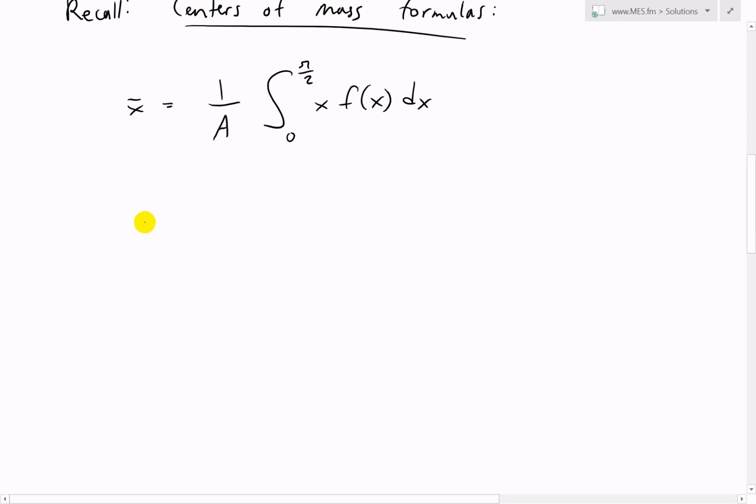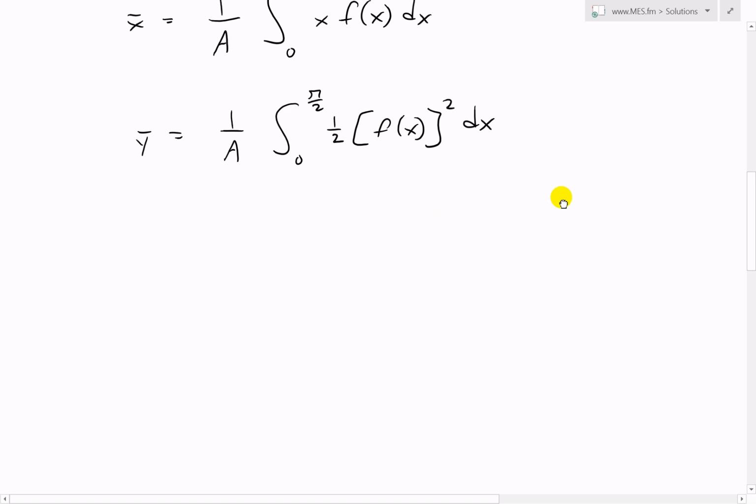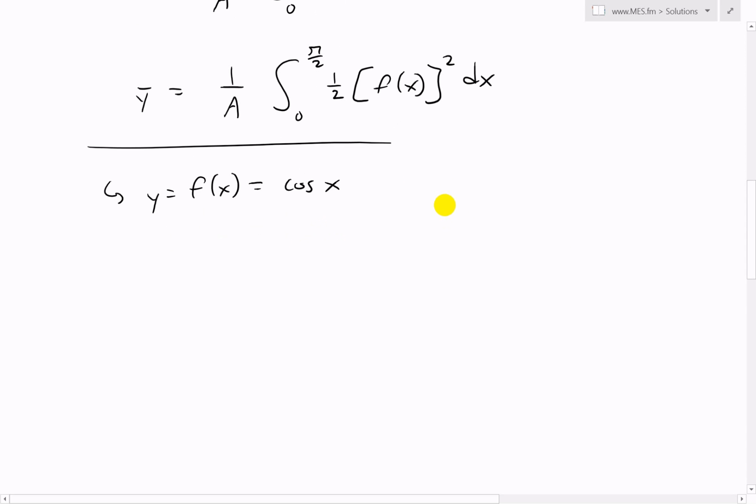And the y coordinate of the center of mass or centroid is 1 over A, the area, and then again 0 to pi over 2 in our case. Those are the intervals we're integrating from, and then we have 1/2 f of x all squared dx like that.